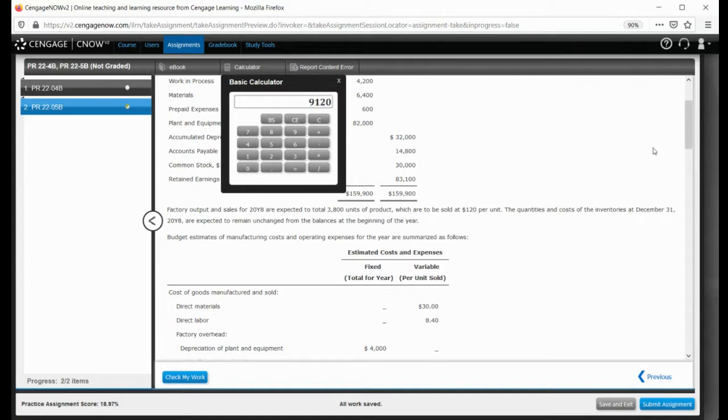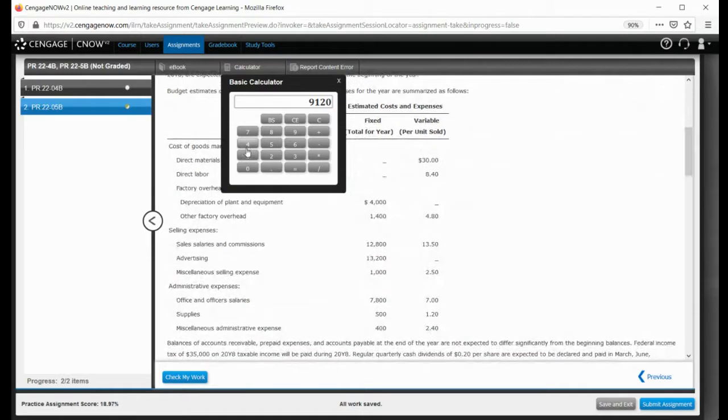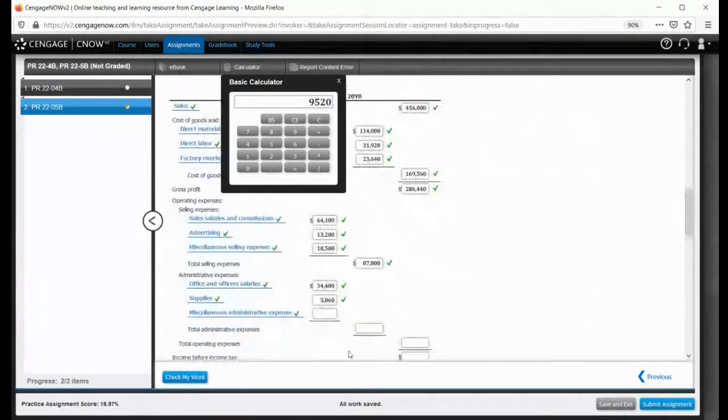And then you're going to add back in your portion to that, which was 400 for the miscellaneous administrative expense. And that will give you 9,520.